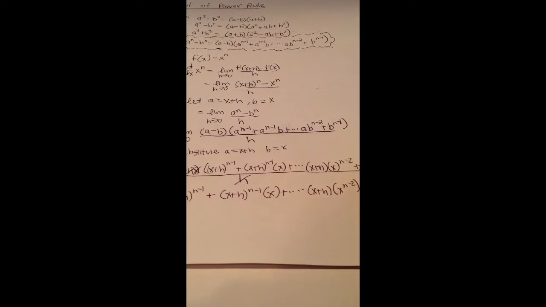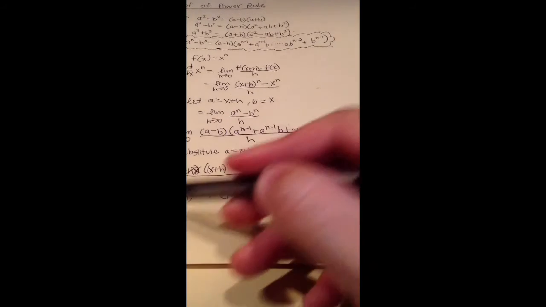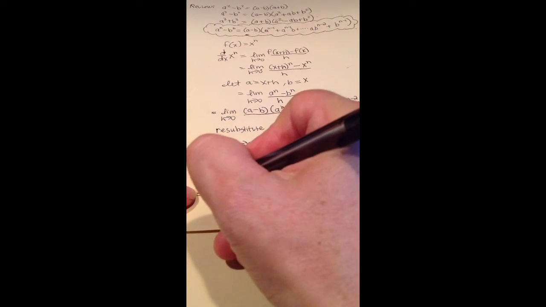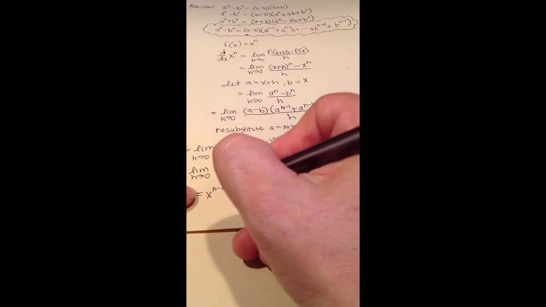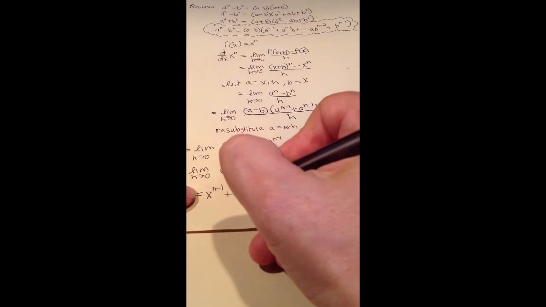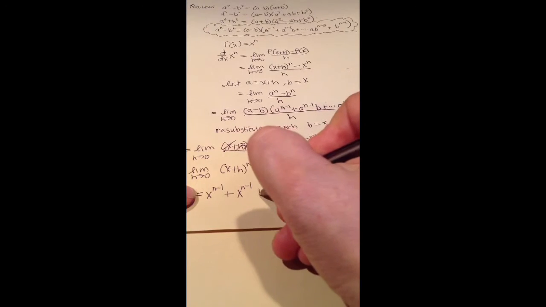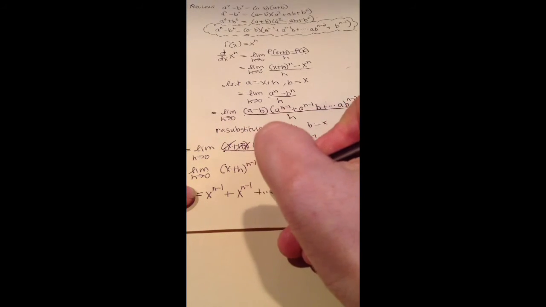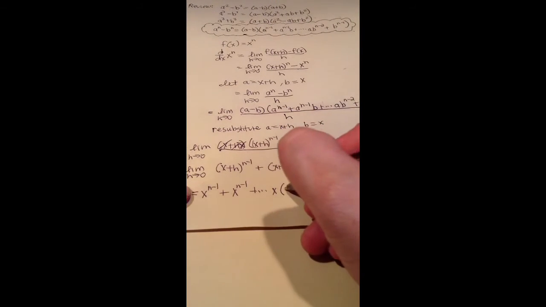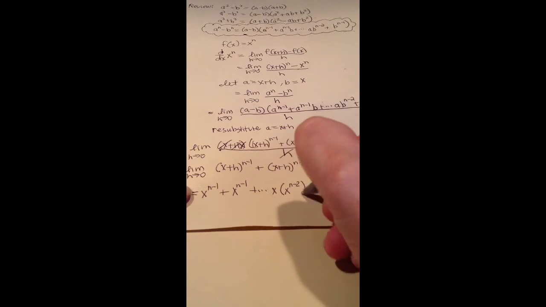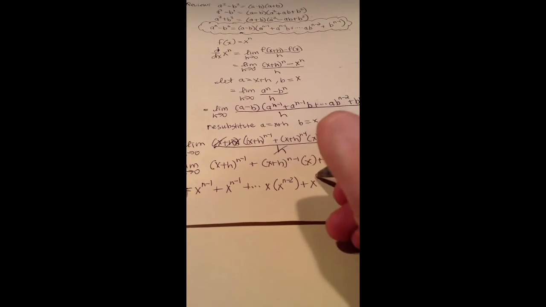Okay, so at this point I can substitute zeros in for h. So this is going to now be equal to x to the n minus 1 plus x to the n minus 2 times x plus dot dot dot. Okay, and then this is going to become x times x to the n minus 2 plus x to the n minus 1.